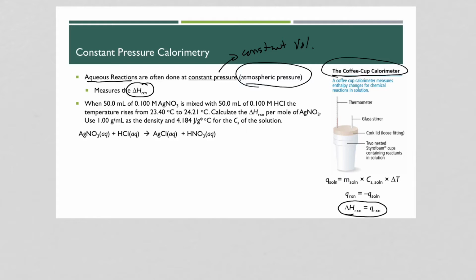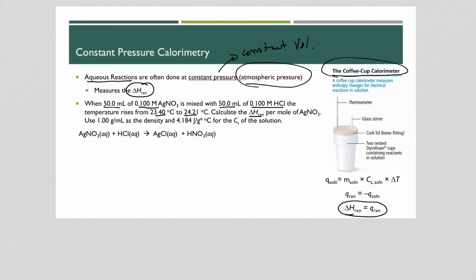Here's our chemical equation: we're going to react 50 mL of a 0.1 molar silver nitrate solution with 50 mL of a 0.1 molar hydrochloric acid. We see that the temperature rises from 23.4 to 24.21, and we want to calculate the enthalpy of reaction.